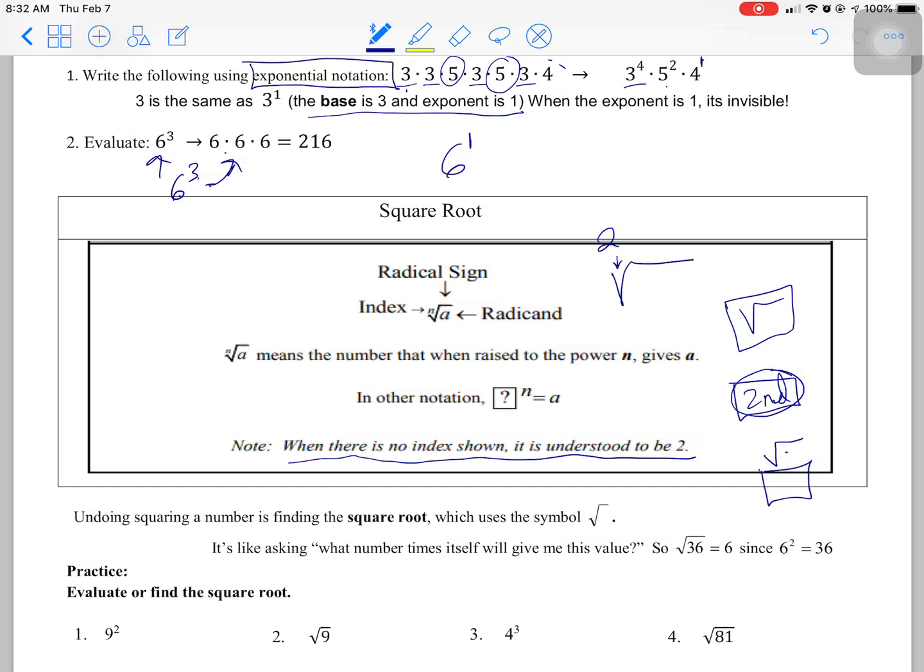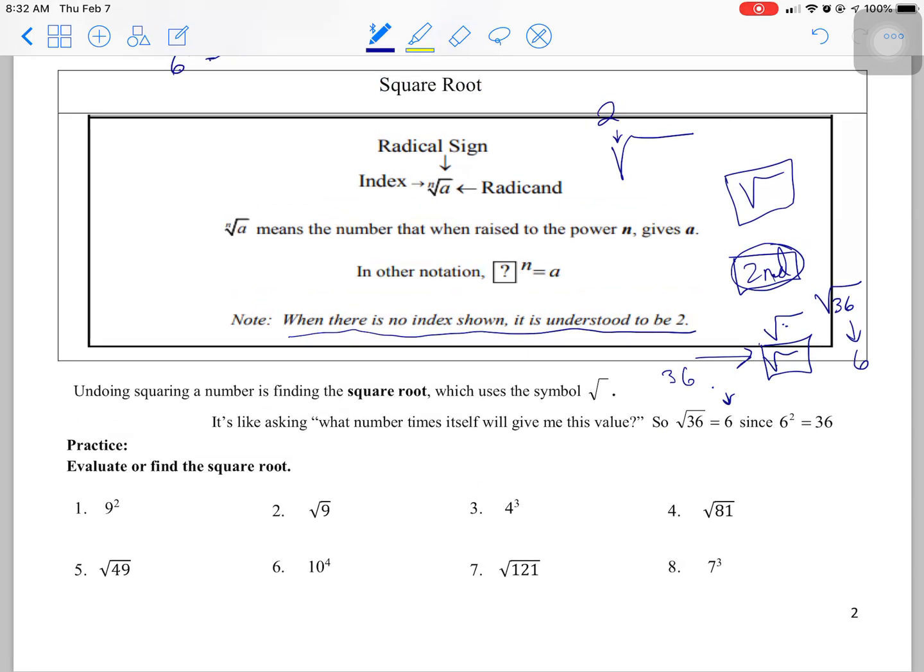So make sure you understand how to use your calculator for square roots. On some, you put the number in like 36, and then go find that square root button. Hit that, and it will give you 6. The other ones, you have to hit the second, that'll put this in the screen, and you have to type the 36 in and push enter, and then you'll get the 6. So make sure you're understanding how to use that.